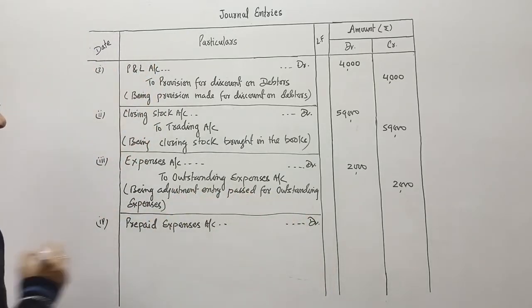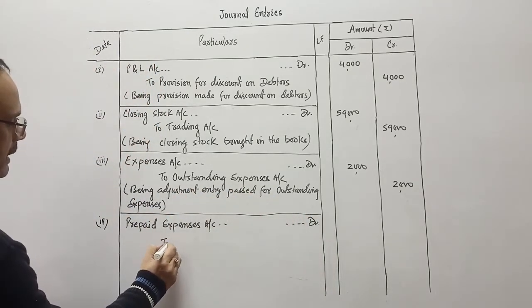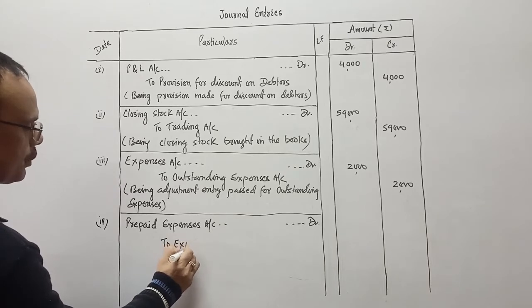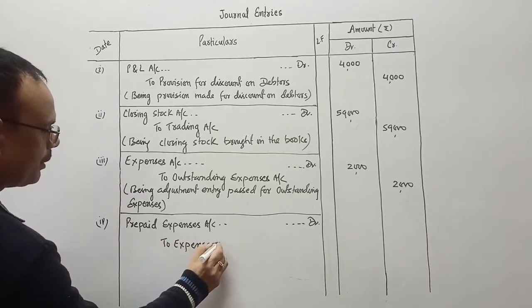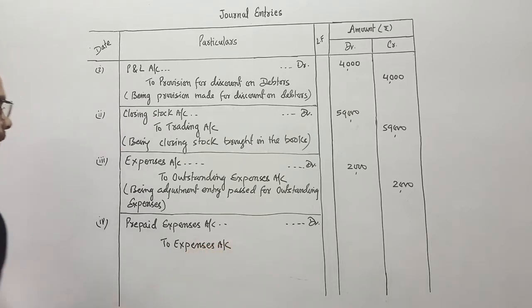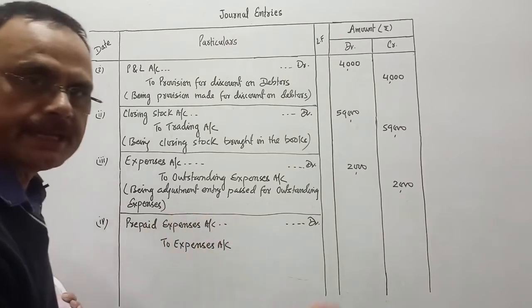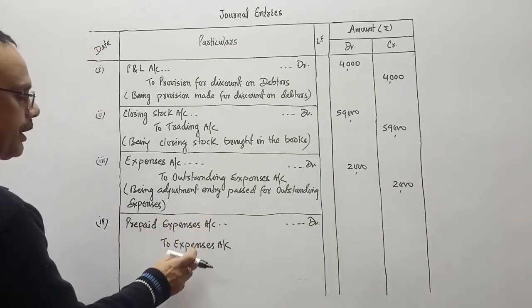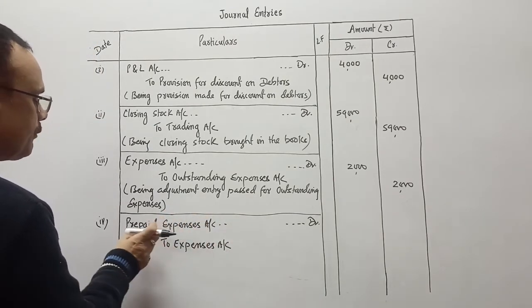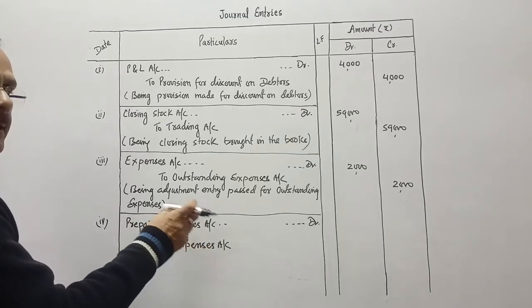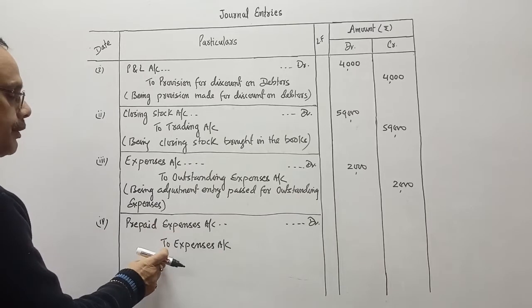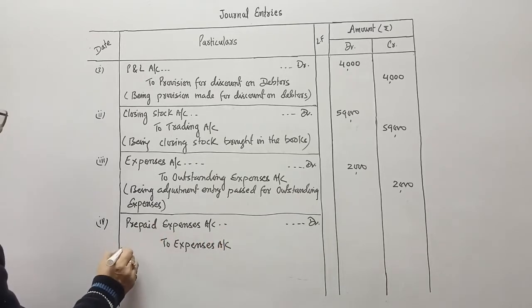So prepaid expense account debit to that particular expense account, which will be credited. Suppose prepaid salary, then prepaid salary account debit to salary account. Prepaid wages, then prepaid wages to wages. Prepaid rent, then prepaid rent account debit to rent account.